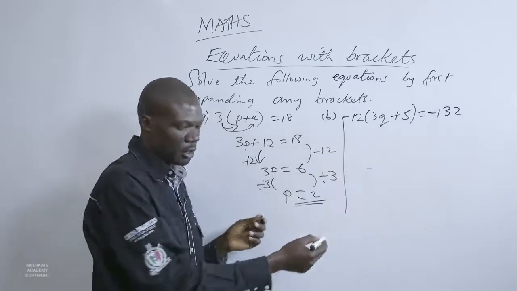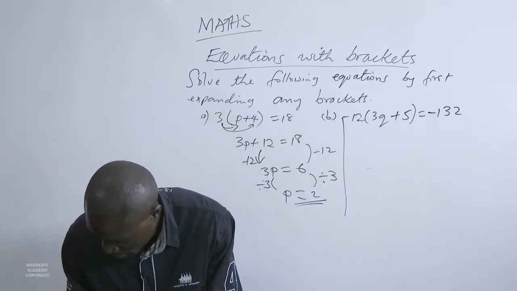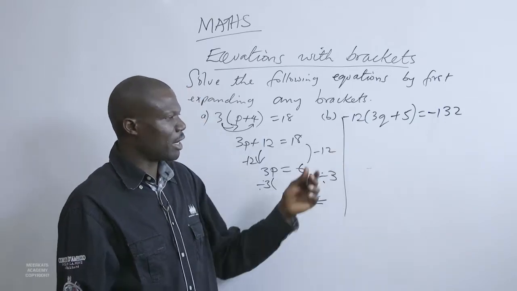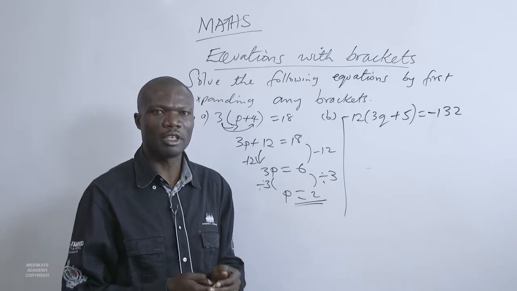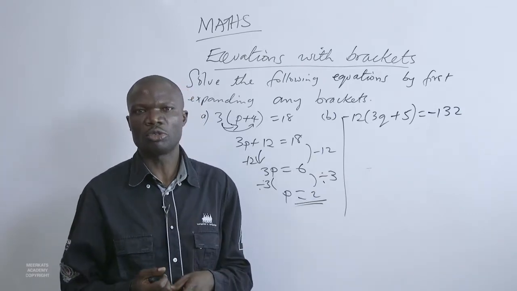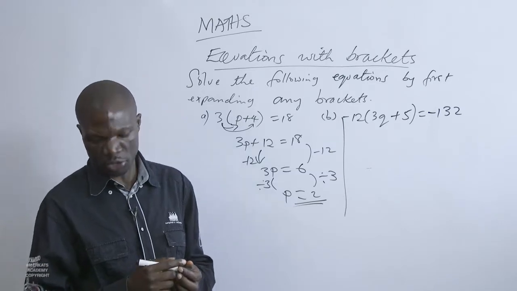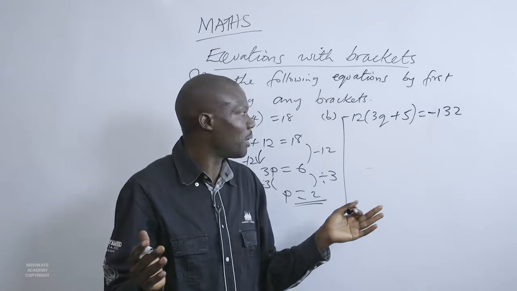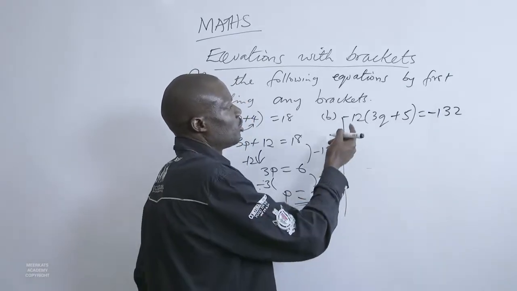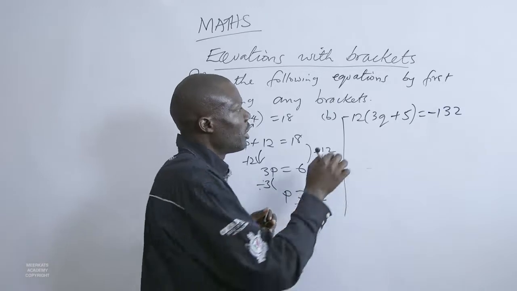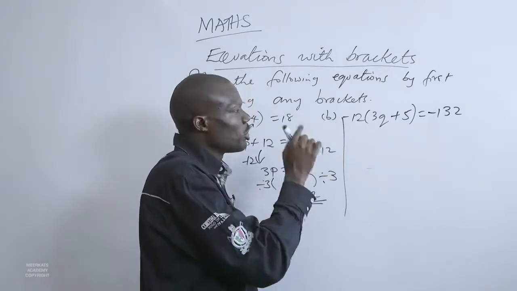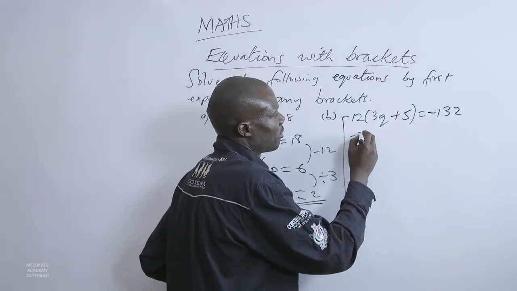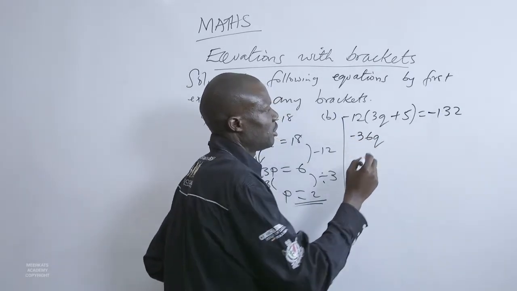Second question. Minus 12 into bracket 3q plus 5 equals minus 132. The very first thing is to expand the brackets. Using distributive law, minus 12 multiplied by 3q will give us minus 36q.